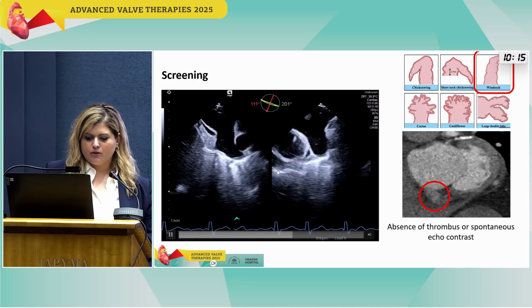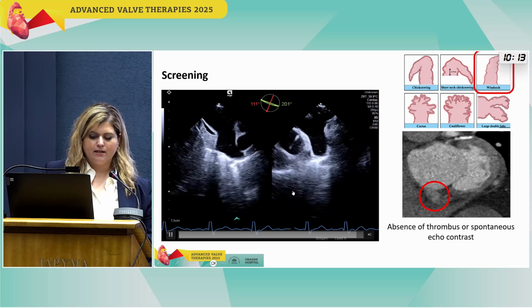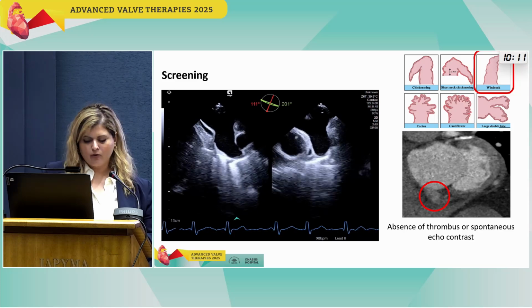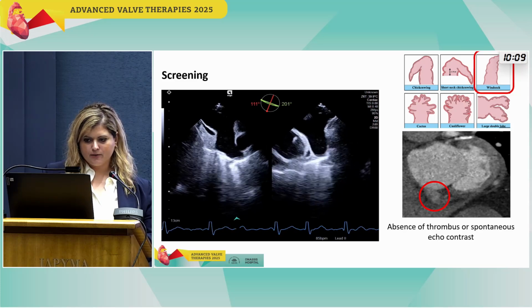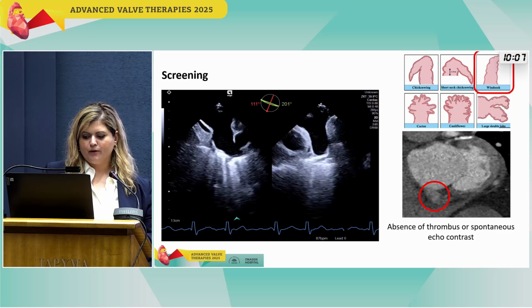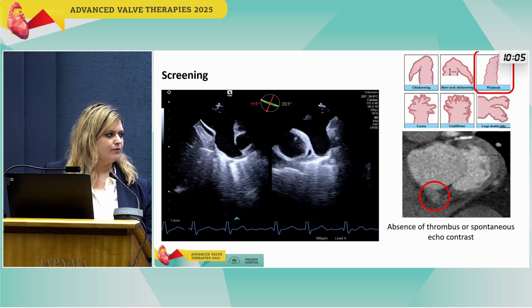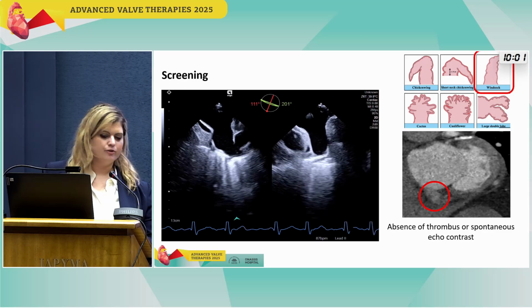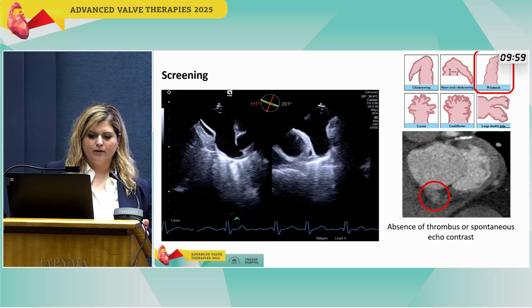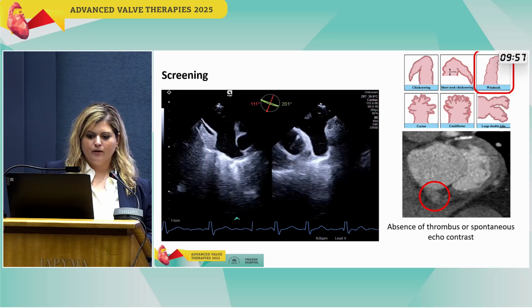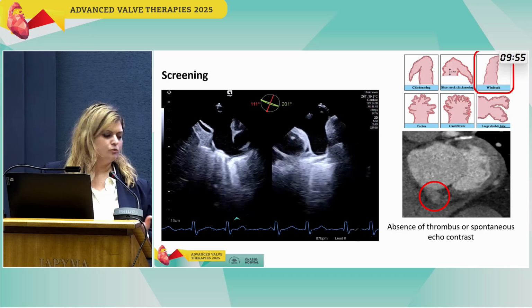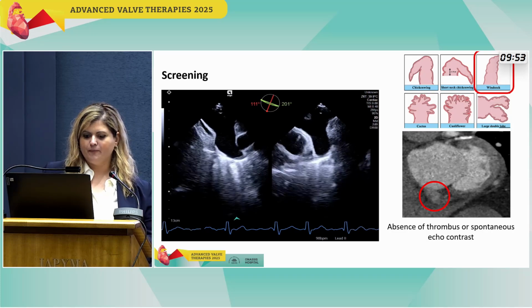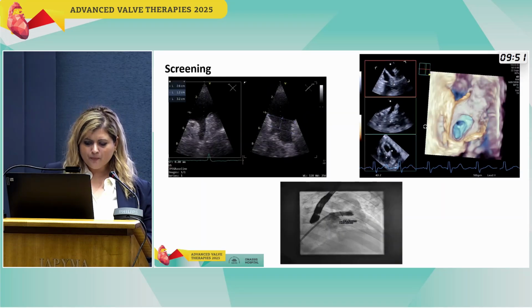Before we did the LAAO occlusion, we had a TOE screening, where it's very important to see if there is any thrombi in the LAA or spontaneous echo contrast, because we are working in the LAA and we do not want to mobilize any thrombi into the arterial system.